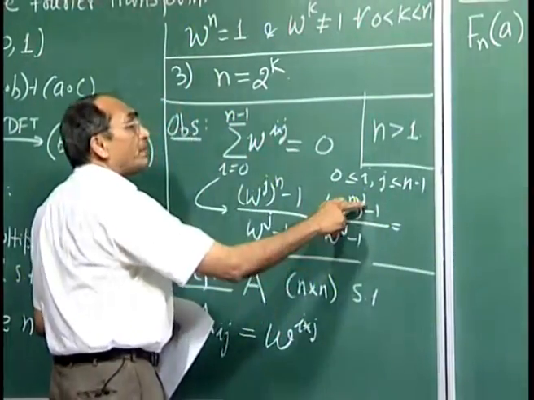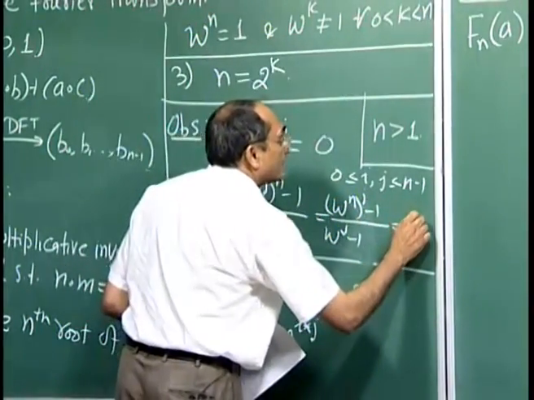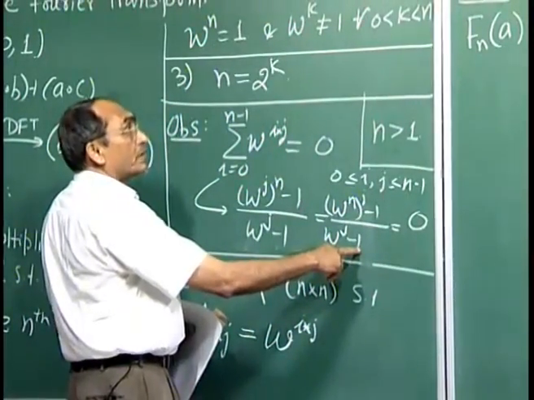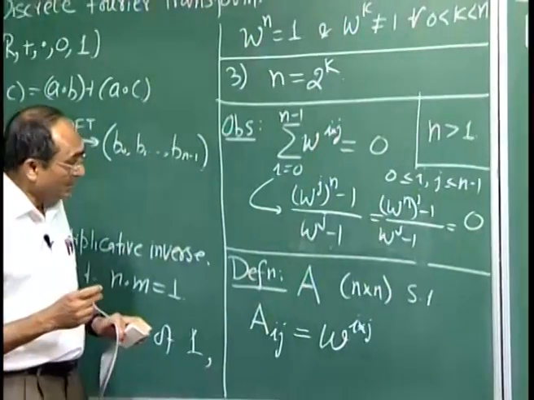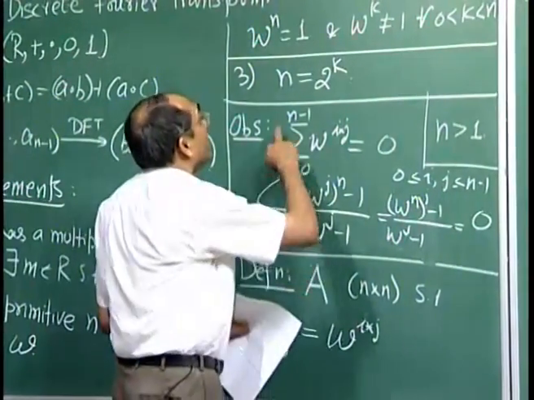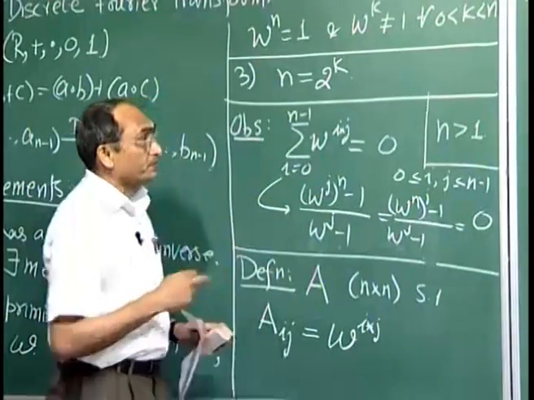This is 1, since 1 power j is 1, hence this is 0. This is not 0 because w is a primitive nth root. Hence, more generally this sum is 0.